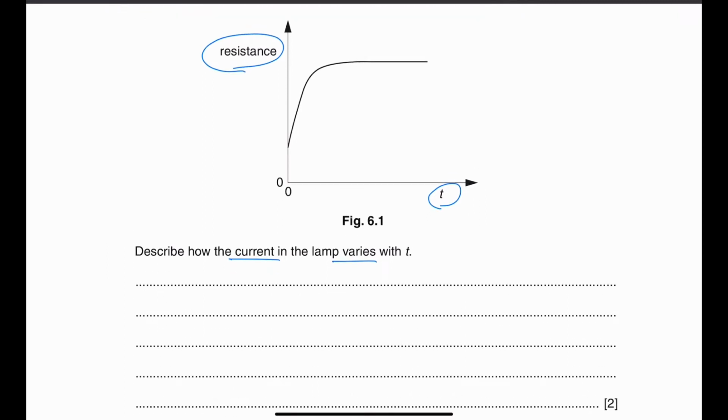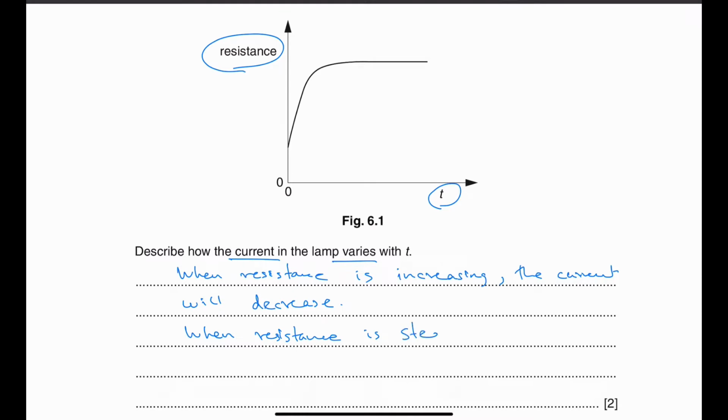If resistance is increasing, what should happen to the current? The current will decrease, and later on, when the resistance is steady, so it's no longer increasing, then the current will stop decreasing as well.